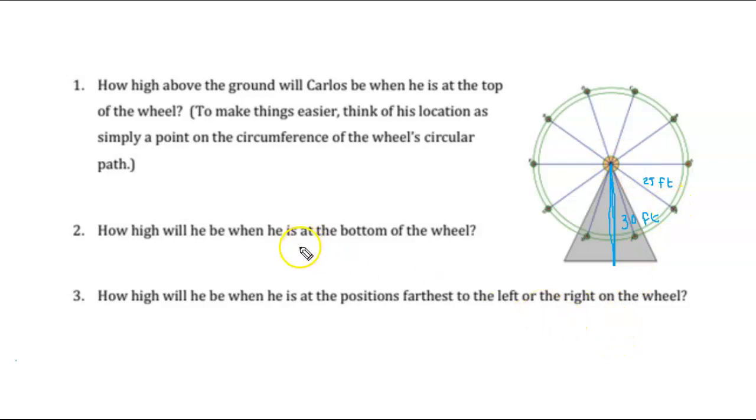He wants to know what is the highest that he can get above the ground. Up here at the top of the wheel, the center is 30 feet and the radius of the circle is 25 feet, so the highest point, the very tip top, would be 55 feet above the ground.